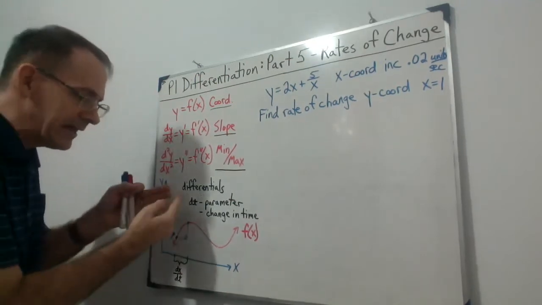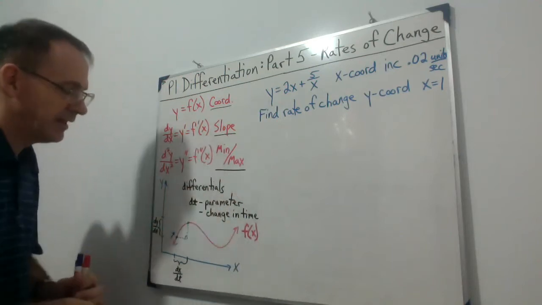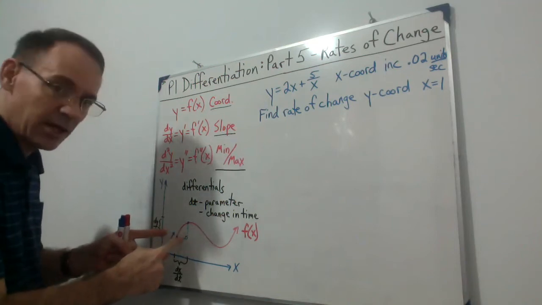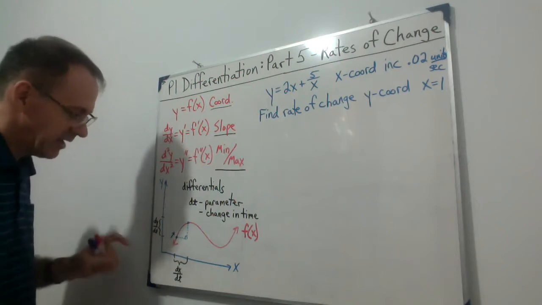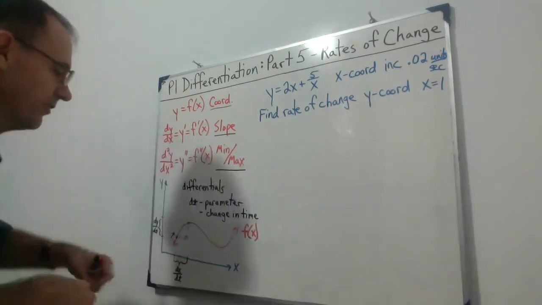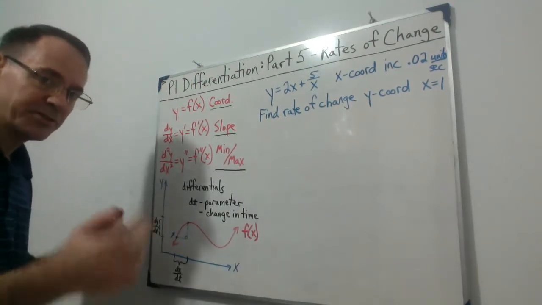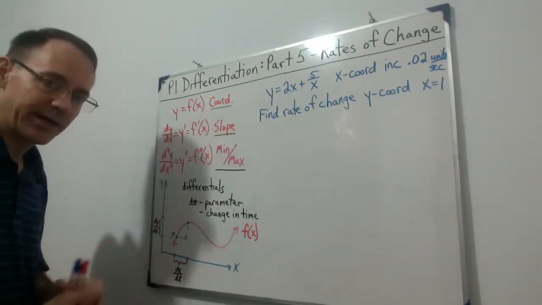Now we're bringing in time as this parameter, this alongside measurement. And so as we look at the change along the x-axis or the change along the y-axis, we're looking at it with respect to time. So that's going to create a little bit different options for us than purely looking at the algebraic concept of slope.